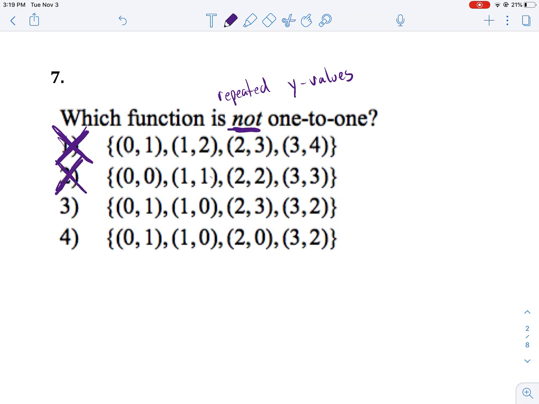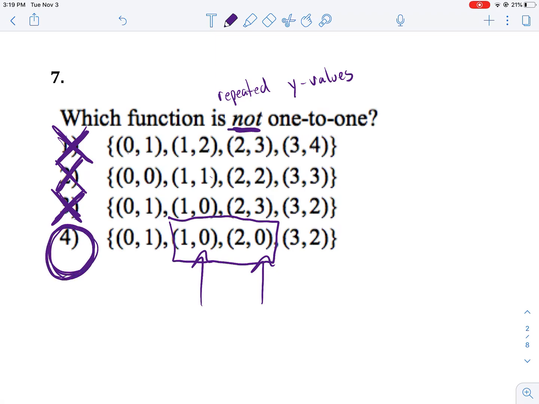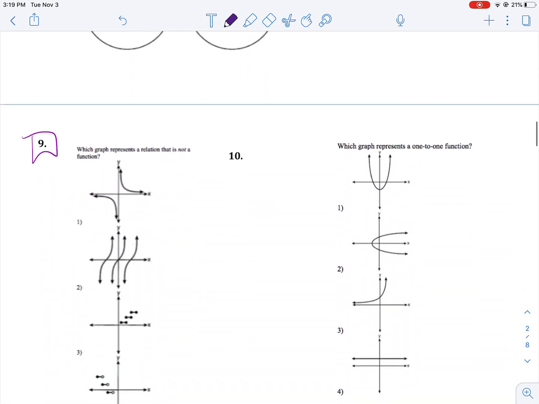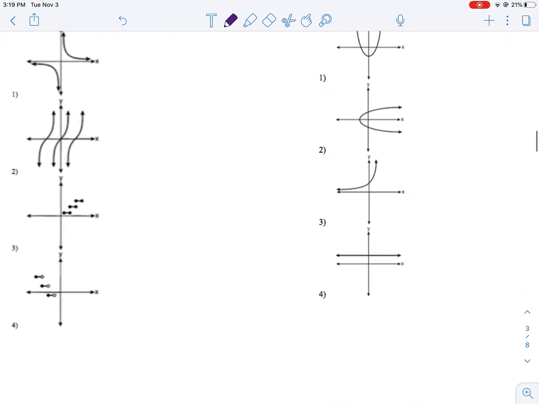This one, let's see, no repeating x's, no repeating y's. Finally, oh, look at these right here. Okay, we've got no repeating x's, but we do have repeating y's. So our answer is 4. All right, let's keep going.